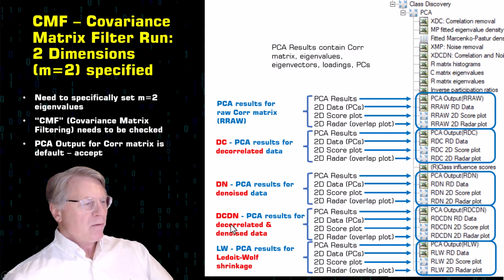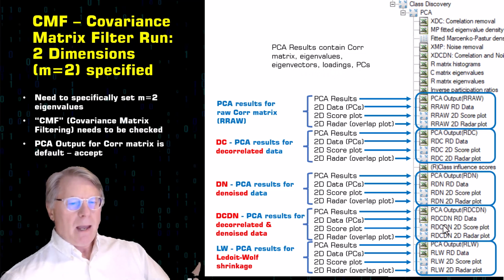And then when you perform for decorrelated data and denoise data, when these are both applied to the data set, the same thing. The PCA results and the correlation matrix, eigenvalues, eigenvectors, loadings, and PCs, and the 2D score plot, and so on and so forth. And then for the Ledoit-Wolff shrinkage, you'll have the same output.